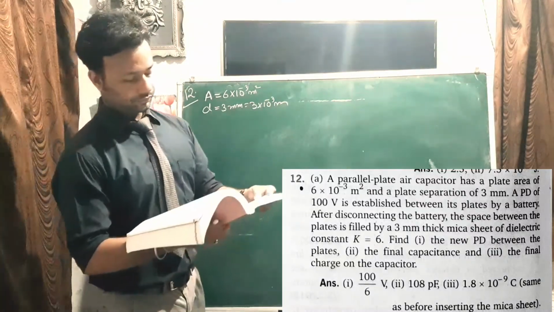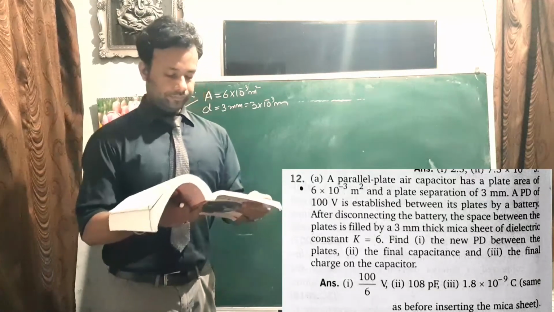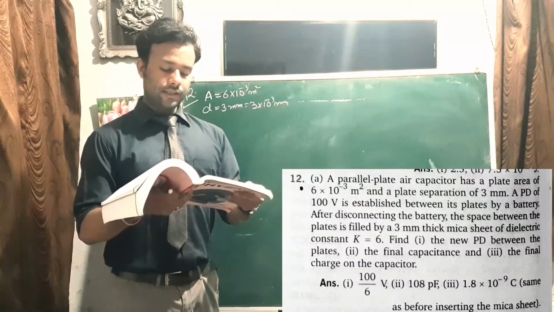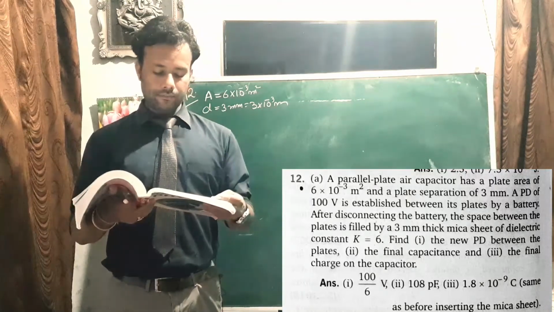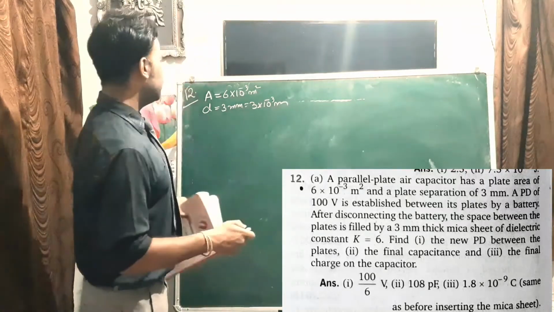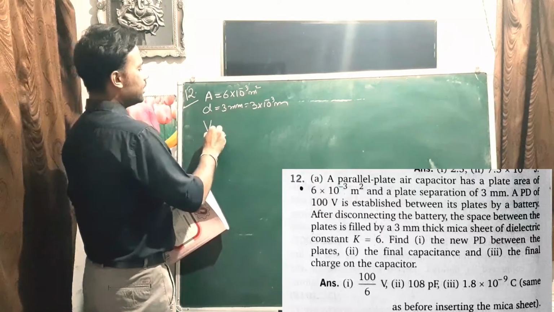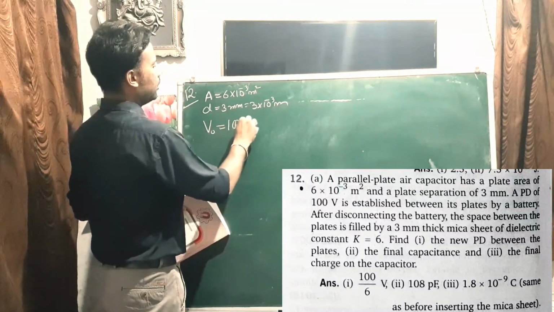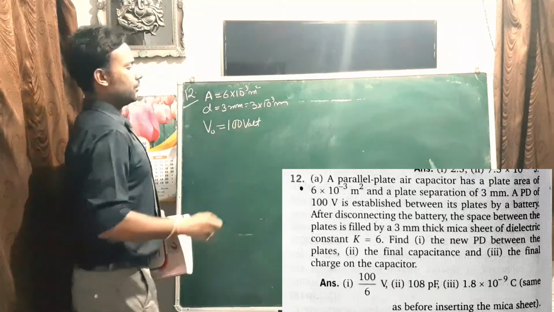Fine. A PD of 100 volt is established between its plates by a battery, right? So the initial voltage, let's take it as V0, is 100 volt.